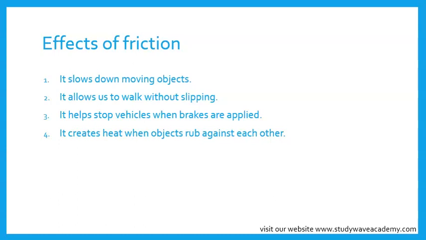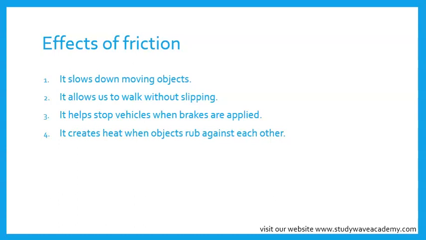For example, it's what brings a rolling ball to a stop. Okay? It allows us to walk without slipping. Friction helps us walk, run, and stay sturdy on surfaces. It's what prevents us from slipping when we're walking on the floor.